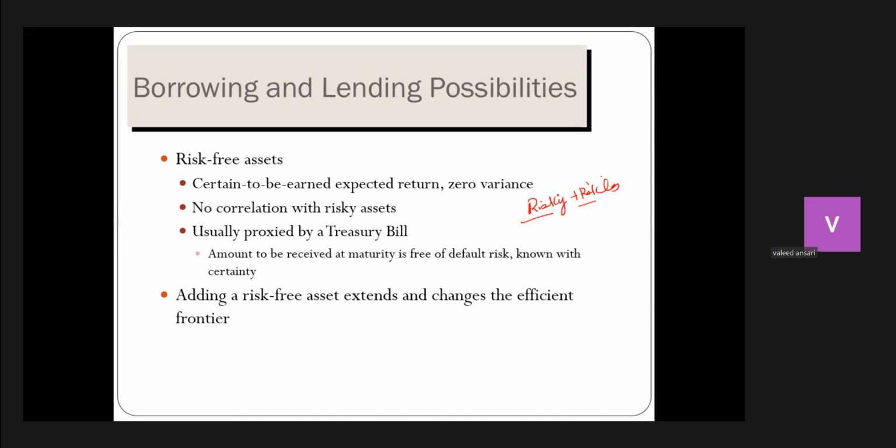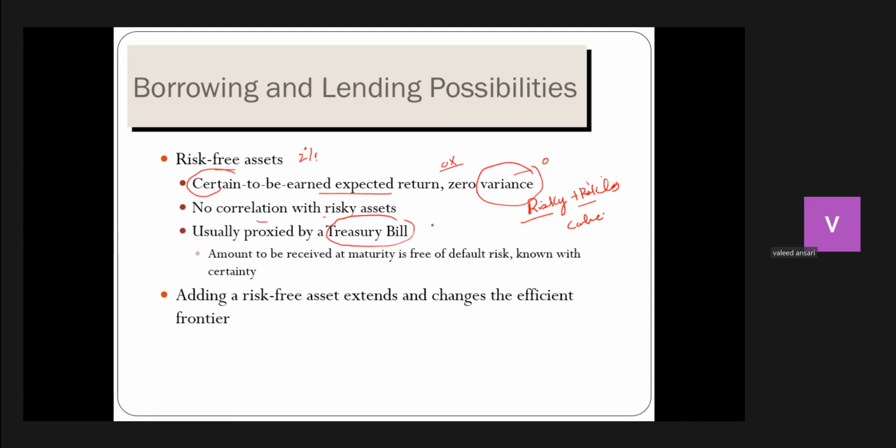Now, once we combine a risky asset with the riskless asset, a riskless or risk-free asset is one where the return is certain, let us say 2%, 5%, and mostly it is represented by a treasury bill. Treasury bill is the representative safe investment by the government, and its variance is zero. Since you are guaranteed a return, it has no variance or standard deviation. It's zero. And it has no correlation with the risky asset. Since it has zero variance, anything multiplied by zero will be zero.